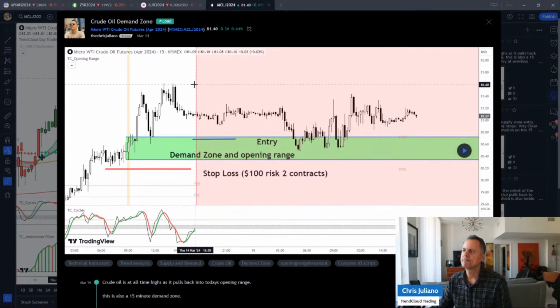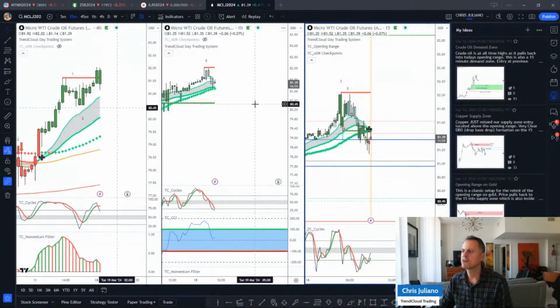But there's your swing high right there, and there's your swing low. So swing low, swing high, and all this is in between. Very interesting.